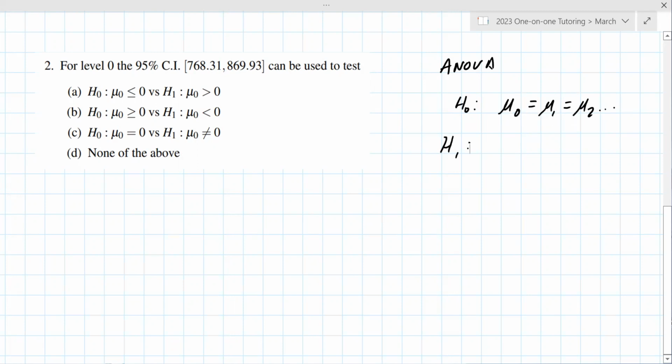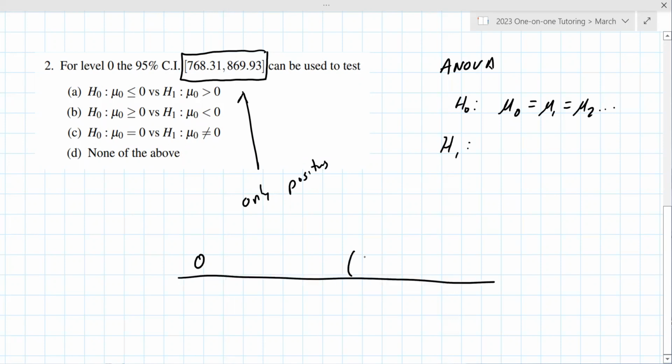Have you been seeing that? Yes. Okay. So that's where I'm sort of leaning towards C. But here's the thing, this confidence interval, the way it's written, do you see how it only includes positives? Here's 0, and then your confidence interval is over here, 768 to 869.